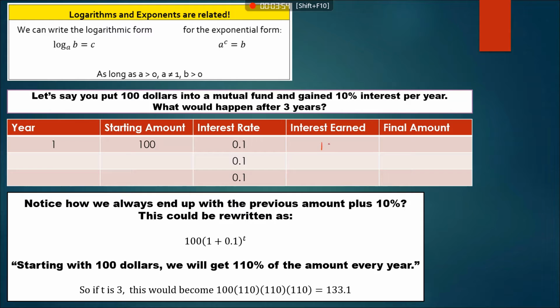Okay, I'm getting 10%. 10% of 100 is 10, so I have a final amount of 110. After my second year, I'm starting with 110 then. I'll be earning an interest of $11 then to get $121, right? Okay, so if I kept doing this, I would end up with this.